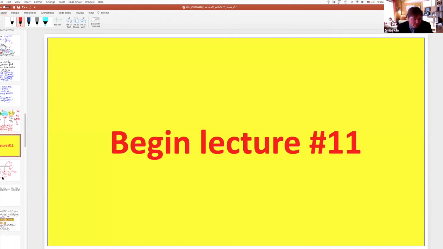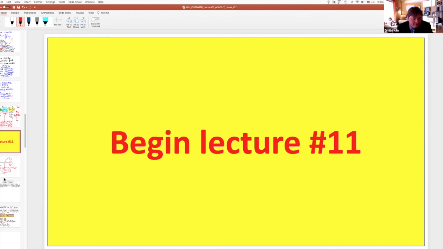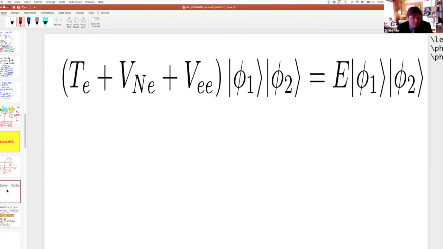So the equation that I'm going to process will look this way. On the left side, we have the standard electronic Hamiltonian, right? Kinetic energy, nuclear to electronic attraction, and electron repulsion.